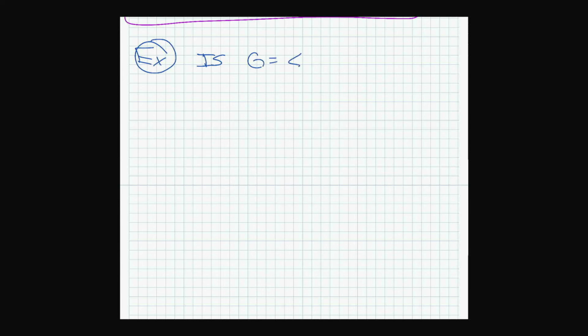Is G equals sine x cos y, sine x, y, z the curl of some other vector field?